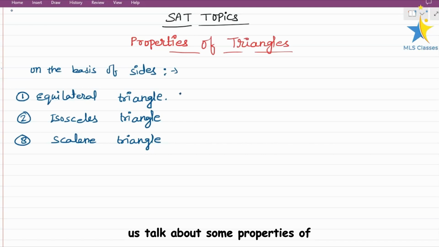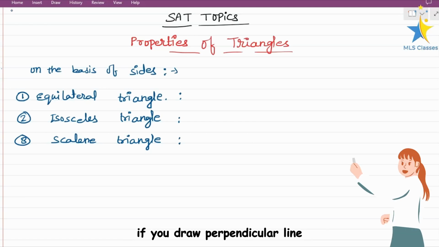Now let's talk about some properties of equilateral, isosceles and scalene triangle. In equilateral triangle, as I said, all three sides are equal, all three angles are equal, as well as if you draw a perpendicular line, that means altitude of the equilateral triangle, those are also equal.